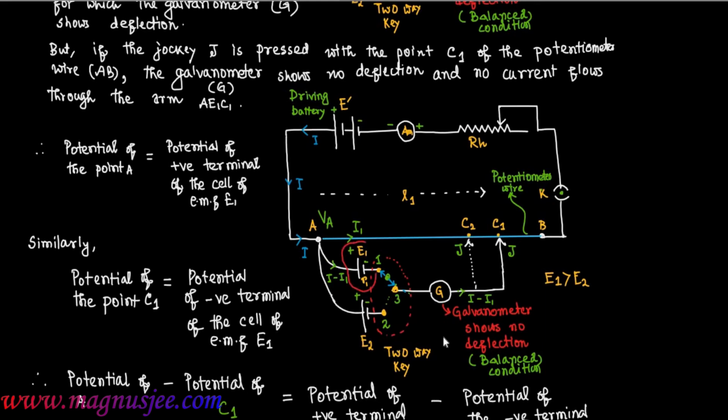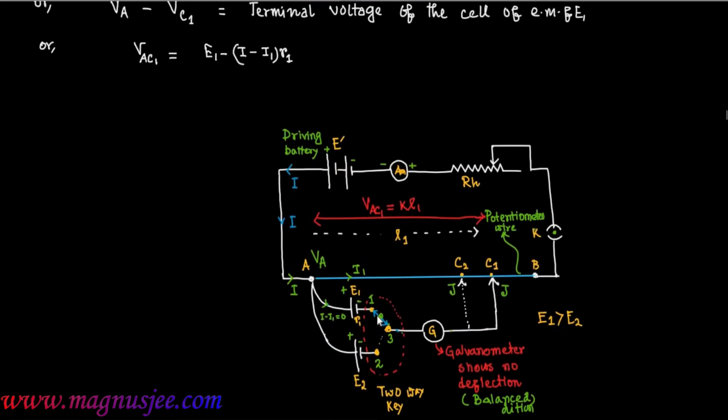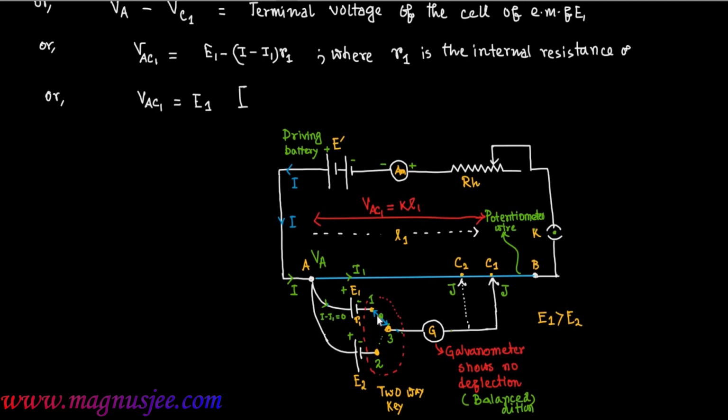Now the terminal voltage V1 of the cell E1 with internal resistance r1 is E1 minus I1 into r1, where small r1 is the internal resistance of the electric cell of EMF E1.